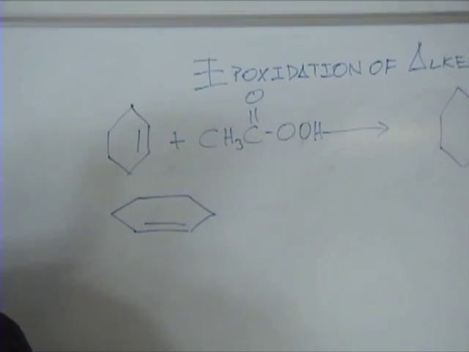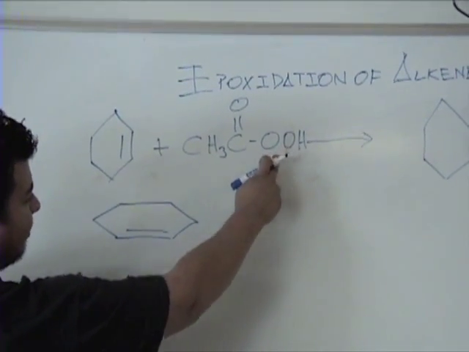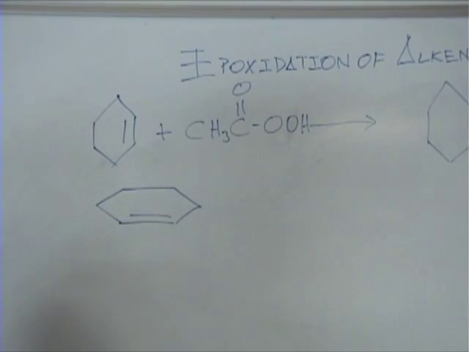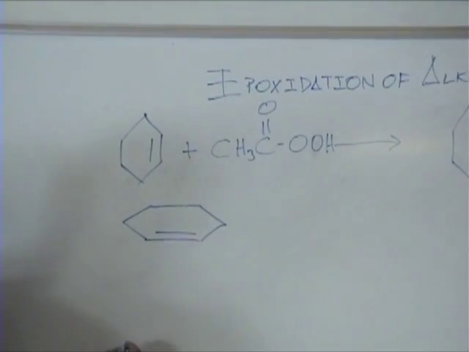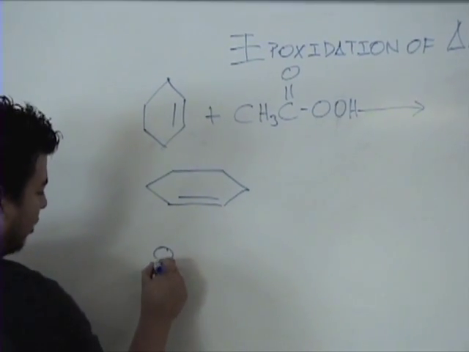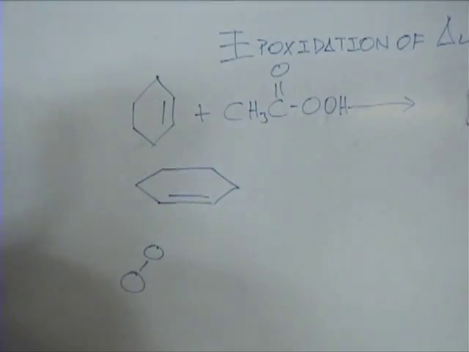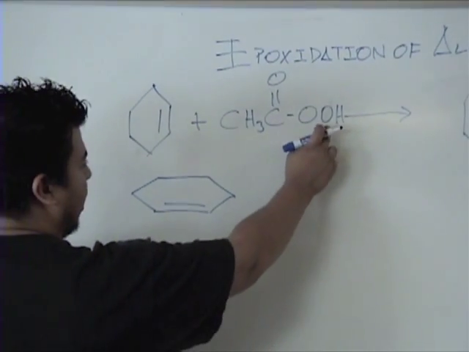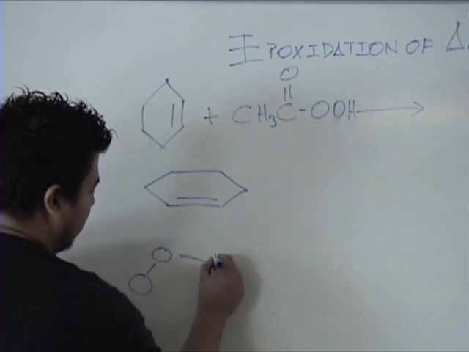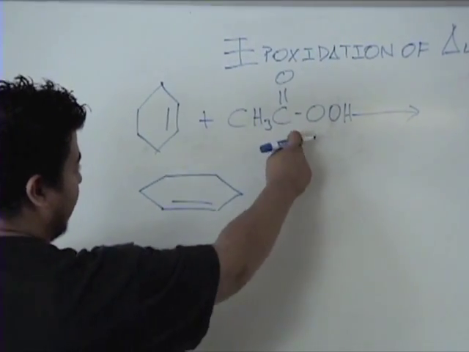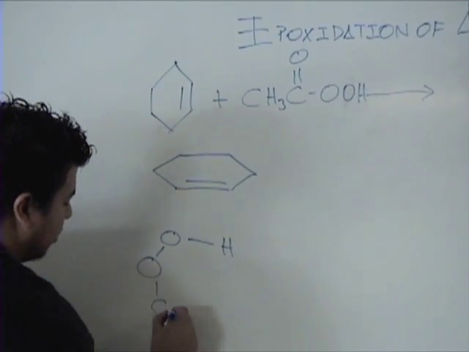Now, we said that our weak bond, the oxygen-oxygen bond, is going to be right here at an angle. We draw it. And then we said, okay, this oxygen has an H. And then this is attached to a carbon.